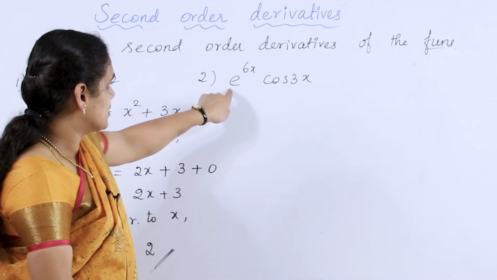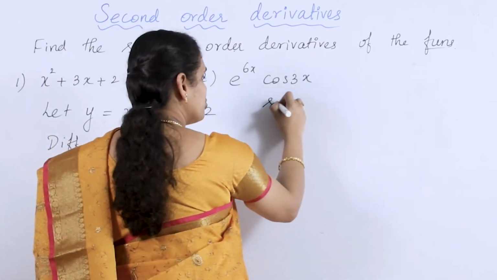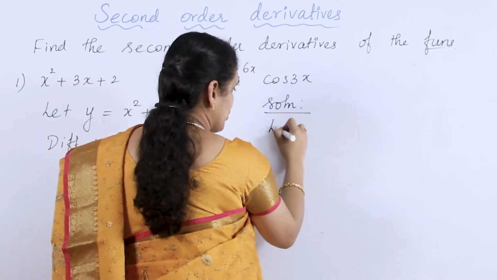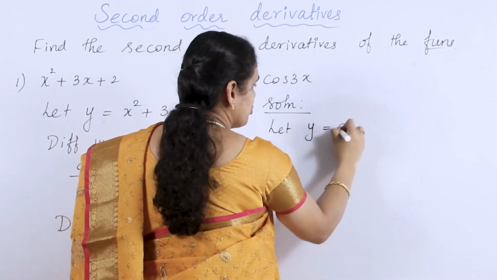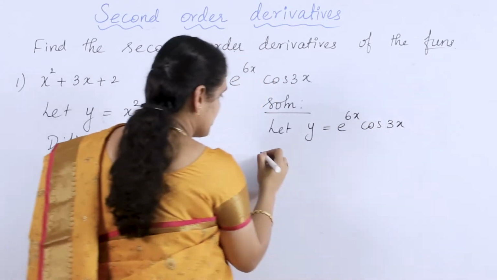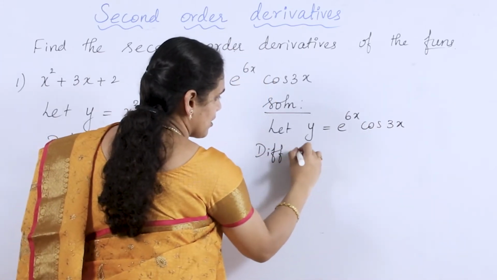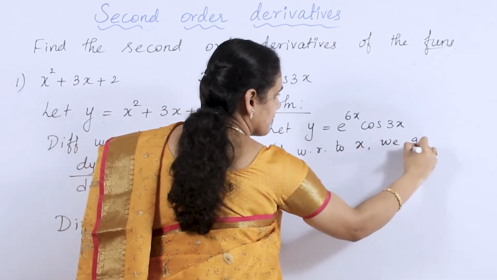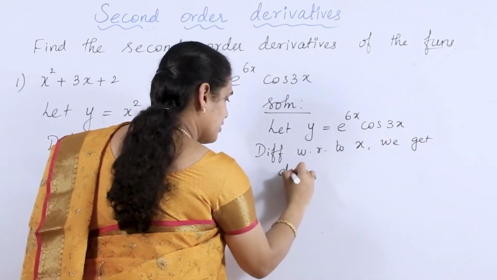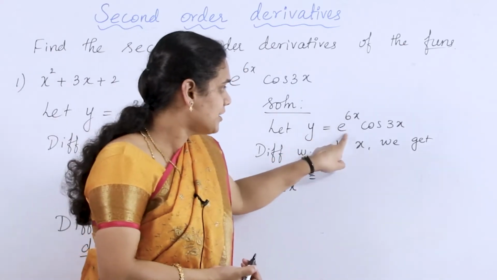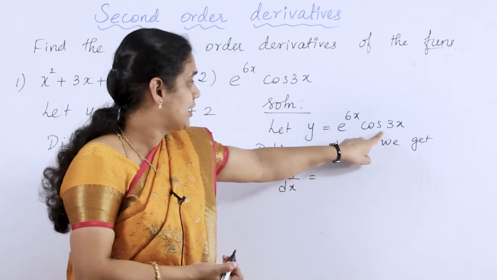Then there is one more question, that is e to the power 6x cos 3x. So let us assume this one as y, e to the power 6x cos 3x. Alright, so differentiate with respect to x, we get dy by dx is equal to, here there are two functions in the product, right?